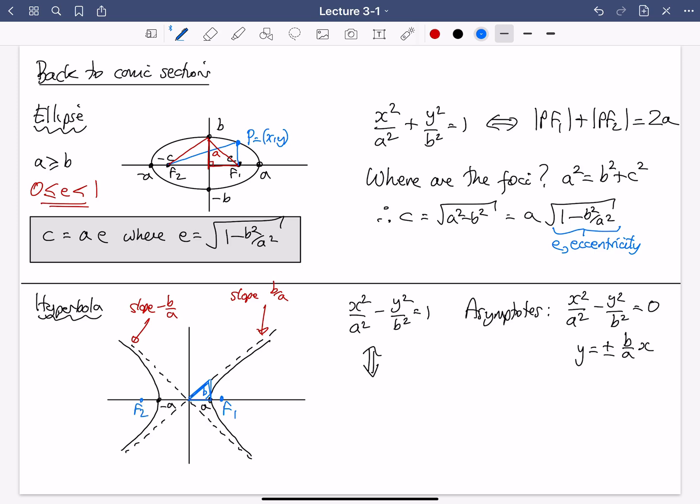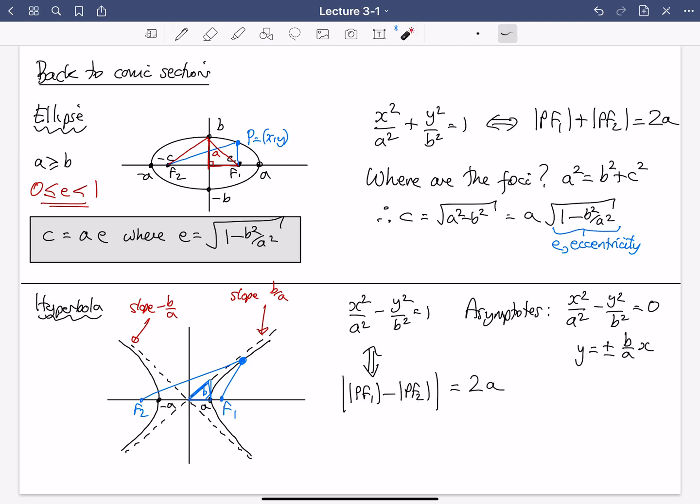And you can describe the hyperbola nicely as the points p so that the distance to f1 and the distance to f2, it's not that the distances sum to 2a. Now you have to look at the difference in those distances. So the distance from p to f1 minus the distance from p to f2, let's put absolute values around, that difference is a constant.